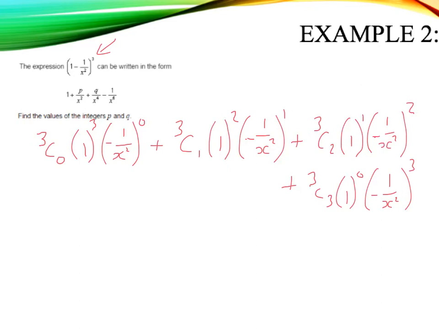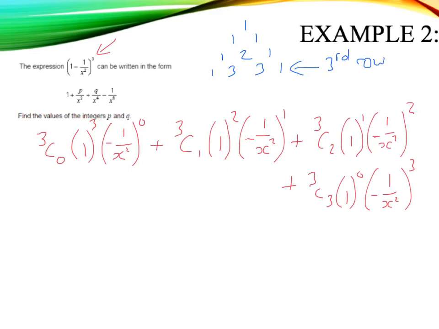So the first term, we can see that we've got 3C0. Again, on your calculator if you want to, you can do this. Alternatively, if you just want to write down Pascal's triangle, I'll do it up here. So 1, 1, 1, 1, 2, 1, 1, 3, 3, 1. This is my third row.